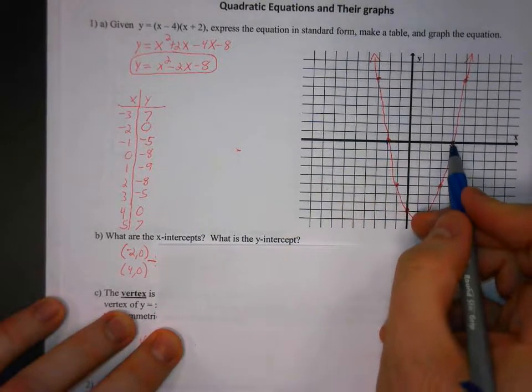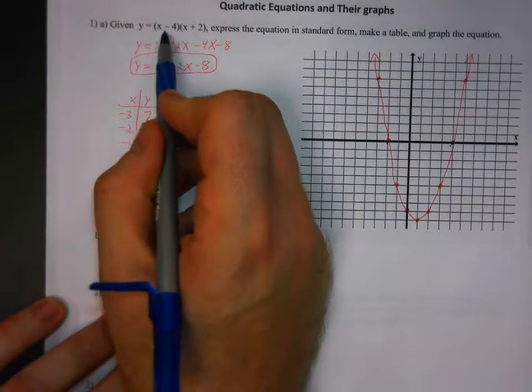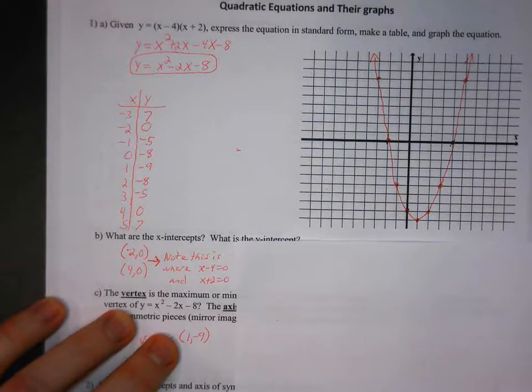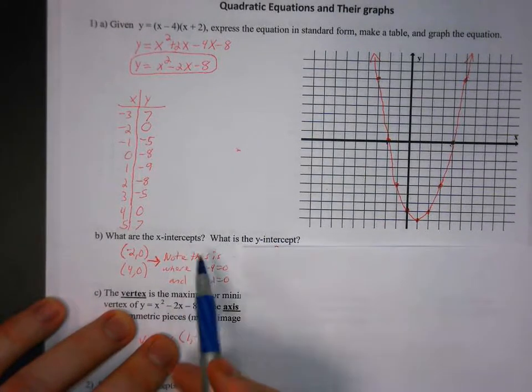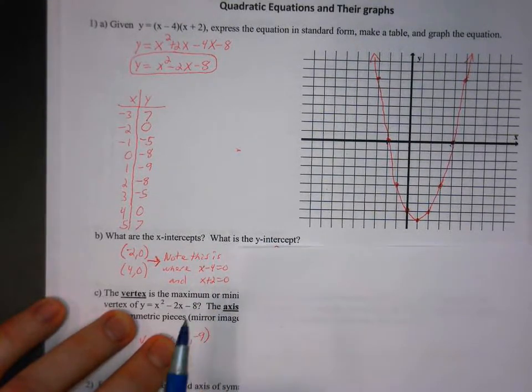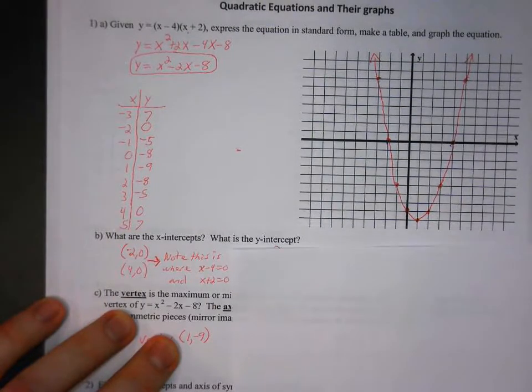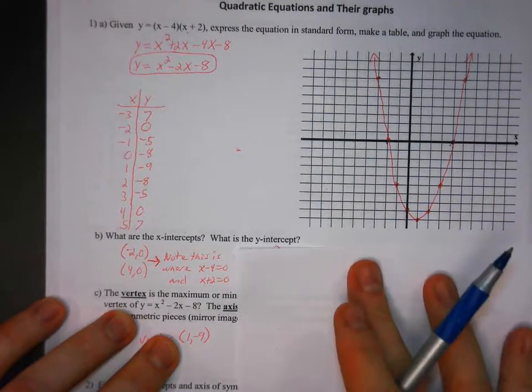And notice when x equals 4, 4 minus 4 will give you 0, which again gives you the x-intercept at 4, 0. So notice that the x-intercepts are where the factors, x minus 4 and x plus 2, equal 0, at positive 4 and negative 2.